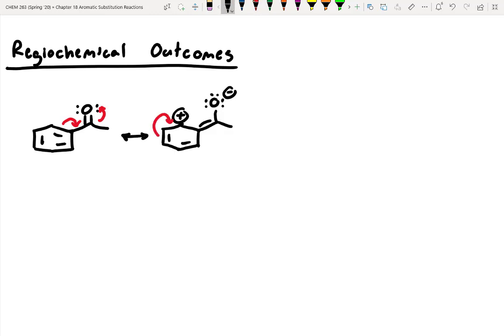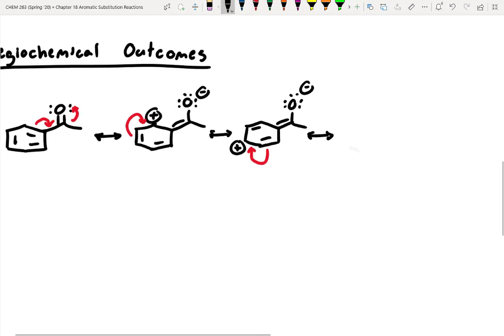Then we can pull this pi bond over. Oops, putting my pi bonds in the wrong spot. There we go. Got my oxygen with the negative charge. And then we can keep on doing this, where I can pull this pi bond over.